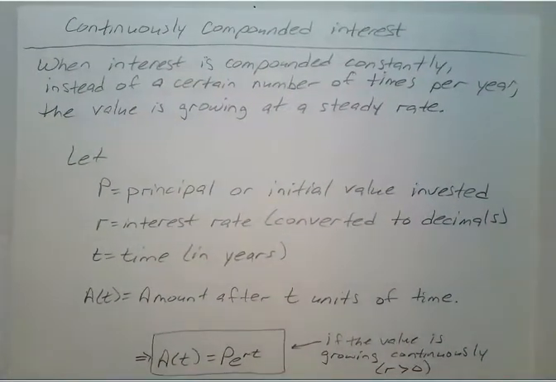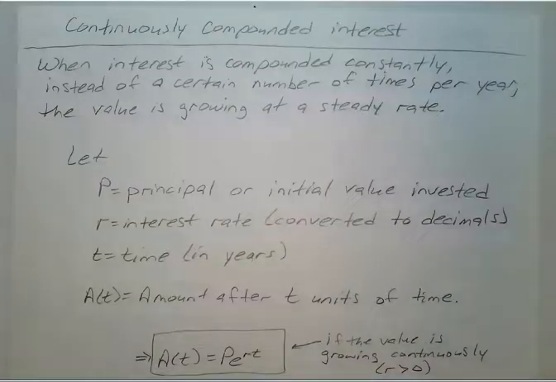And this is continuously compounded interest. Now, when interest is compounded constantly, so it's not just compounded once a month or once a week or twice a year. It's compounded constantly. Every minute, every second of every day, it's compounded little by little at a steady rate.